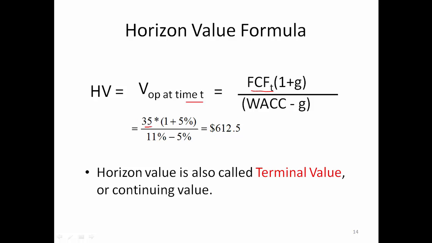So 35 multiplied by 1 plus 5%, and then divided by 11% minus 5%, and we get a horizon value of 612.5 million. This horizon value is also called the terminal value or continuing value.